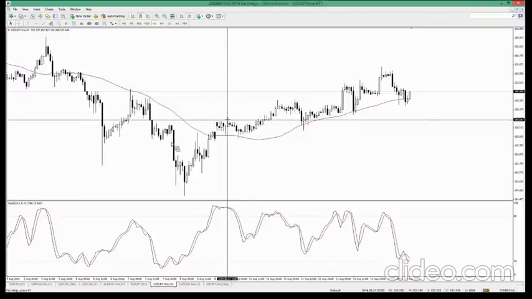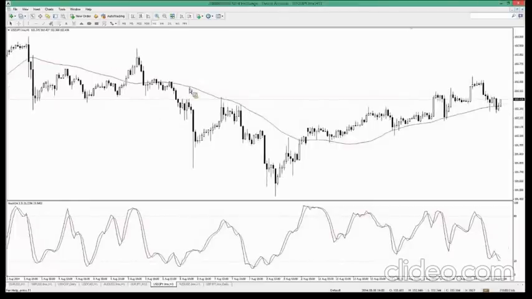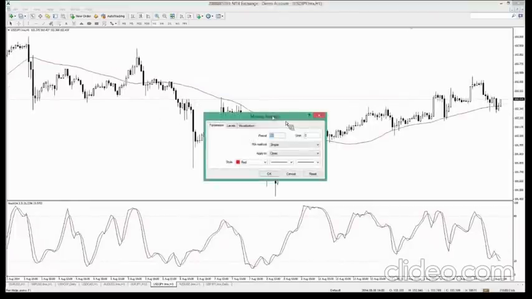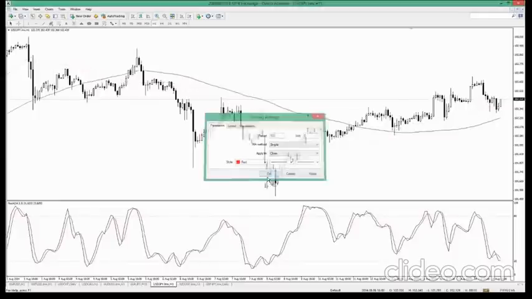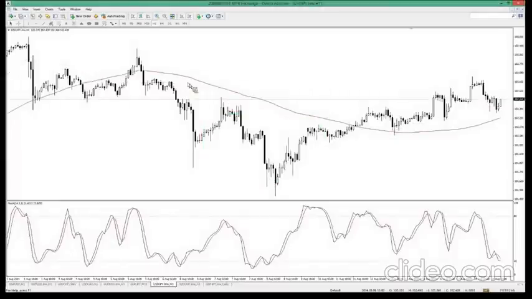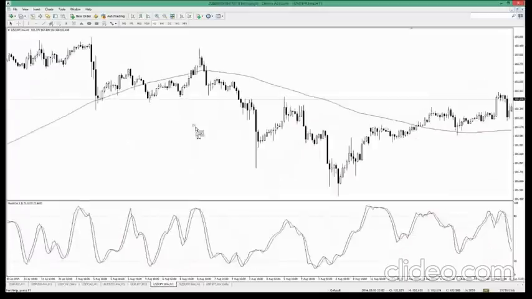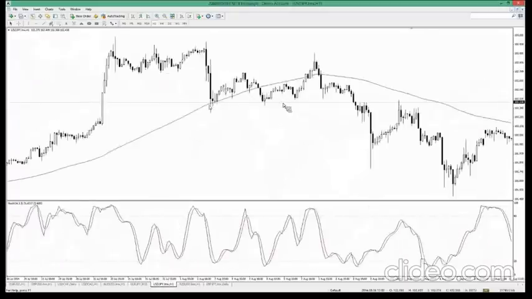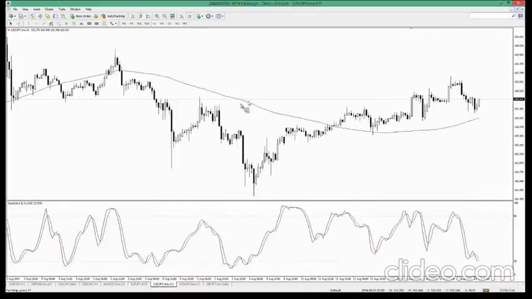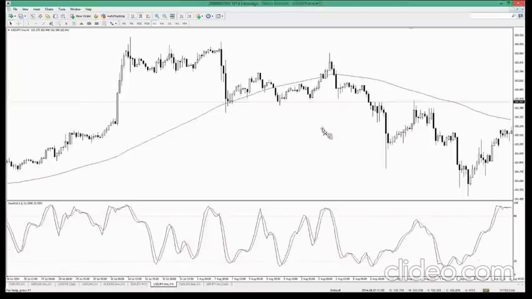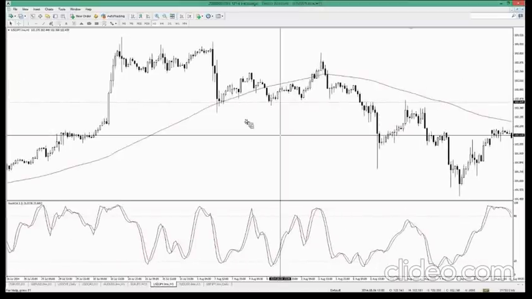Unfortunately, they're not all going to work out. Maybe we want something a little bit bigger than a 50, maybe 100 or something like that. Whatever you can use. I find the Bollinger Bands work very well.